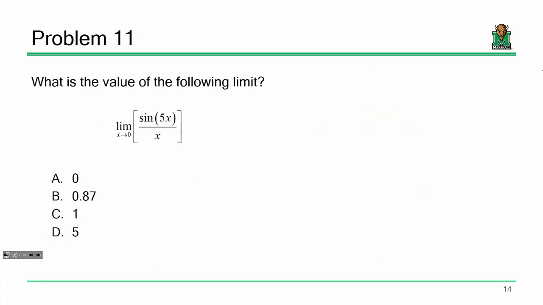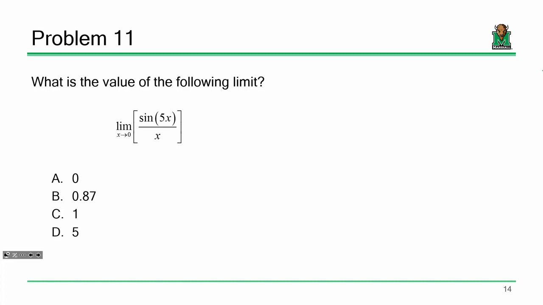All right. This is a short one. But this is one of those ones that if you know how to do it, it'll take like 5 seconds. If you don't know how to do it, it'll take you a while. You're right. So how do you evaluate that limit?